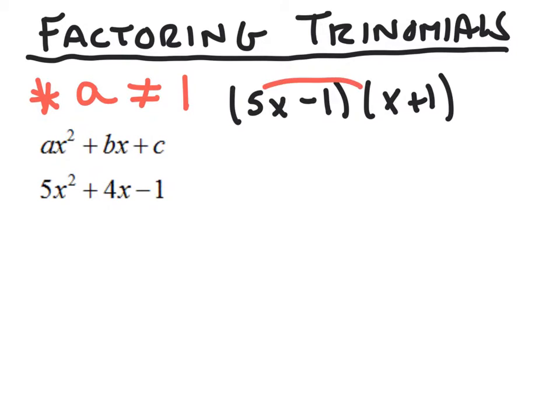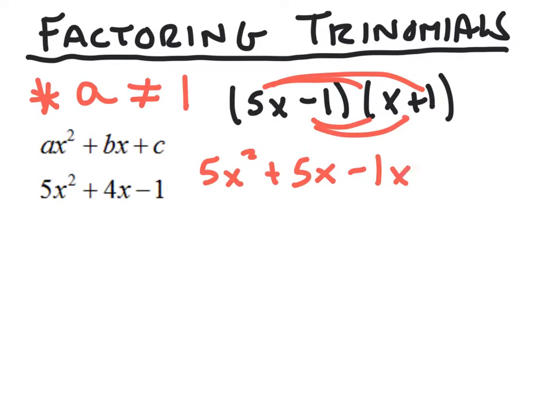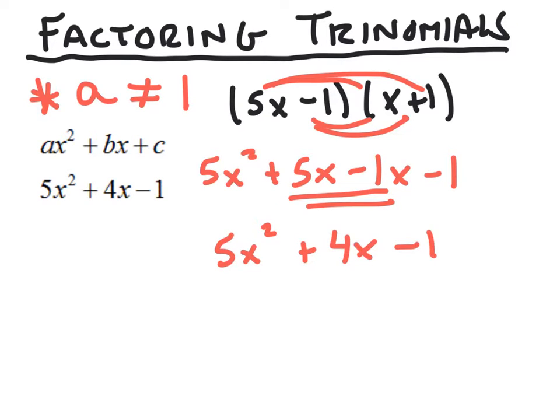So as you know, first, outer, inner, last, or basically just distribution. So we get 5x squared plus 5x minus 1x minus 1. We notice that the middle group here is combined, and so we get 5x squared plus 4x minus 1. So we see a couple things taking place: we see that middle term again getting combined.